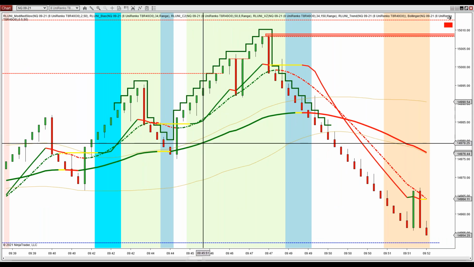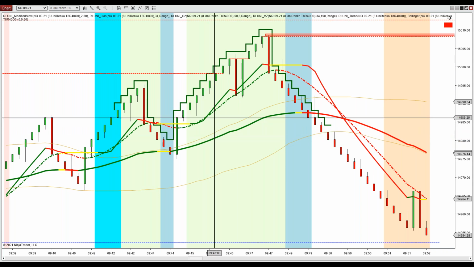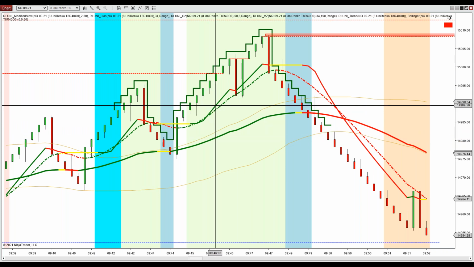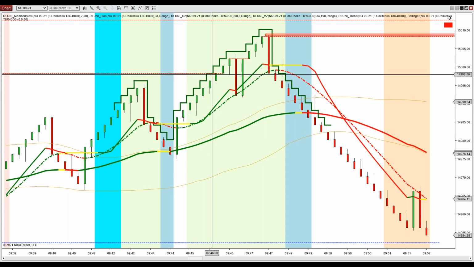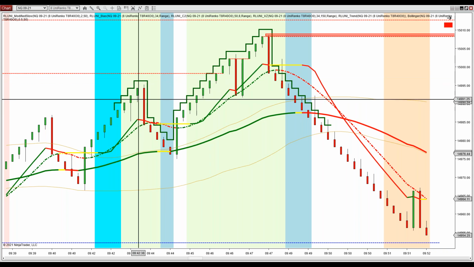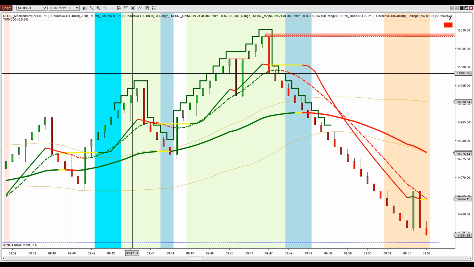So here the trend is below, and then finally when the trend line gets higher than the 15, you're right into resistance here. We can't take the trade. Here again, too close to resistance, can't take the trade.